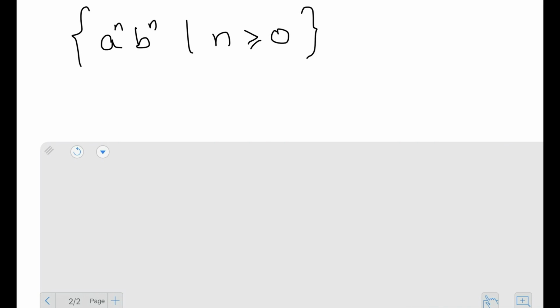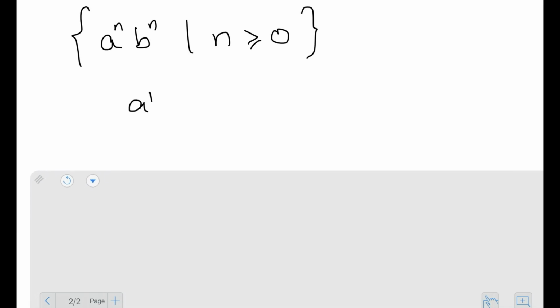The reason this is not going to be regular is that in an automaton there's no way for me to keep count. When I'm saying that both of these need the same n, so I need a to the power n and b to the power n, this is not valid, but this is. So I somehow need to keep count of how many a's there are, and after that accept that many b's.